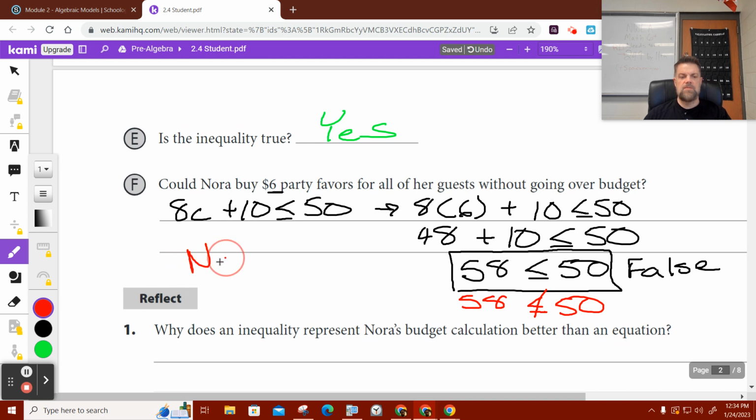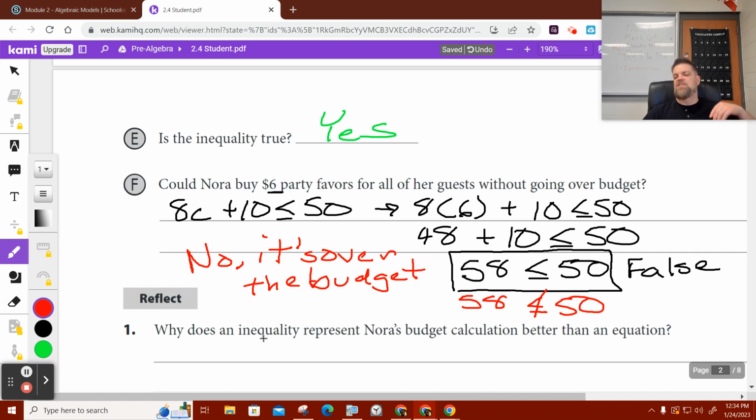No. It's over the budget. By $8, as a matter of fact. I think $5 would do it. I think 5 is the max.